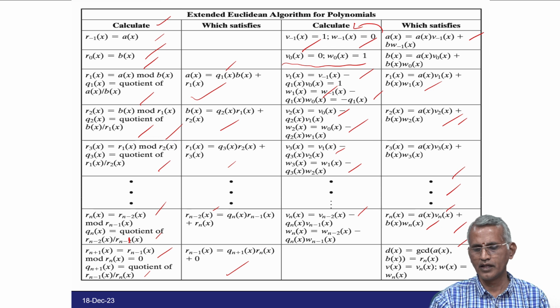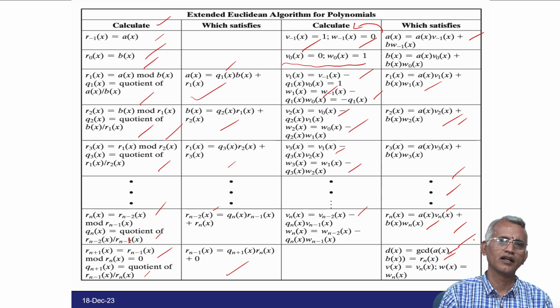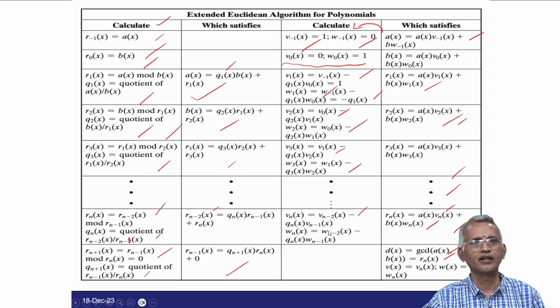So, we get the d of x, b of x, v of x and w of x. So, this way we can calculate the quotient and remainder, and then how the reducible and irreducible polynomial we can write in terms of the division algorithm and extended division algorithm for the polynomial equation.